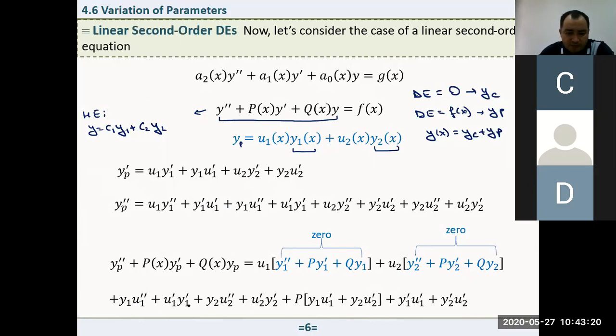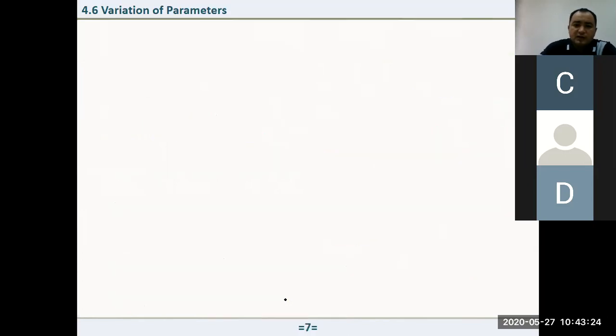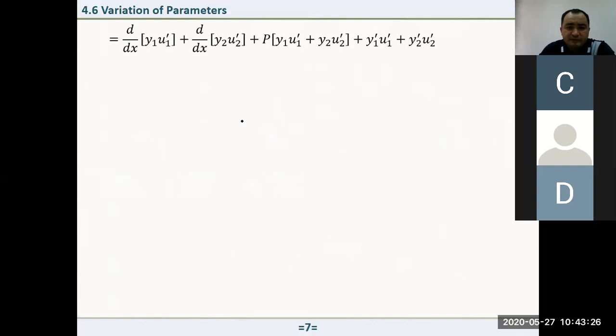Now again, if we make some factorization and reorganize this, we get this form. Here we have y1 prime u1 prime plus y1 and y1 double prime. Anyway, when we organize this, we will get this expression. And again, these are just differential operators. I can take this out.